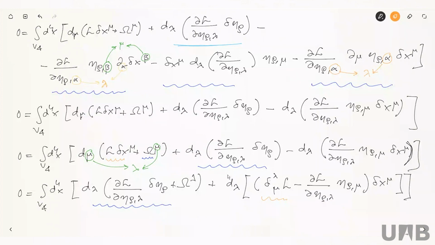Yes. So now notice that what I have is that 0 equals the integral over all space and time of the derivative d lambda of the whole thing. This d lambda, I could pull it out, and it's going to be d lambda of the whole thing. Okay?